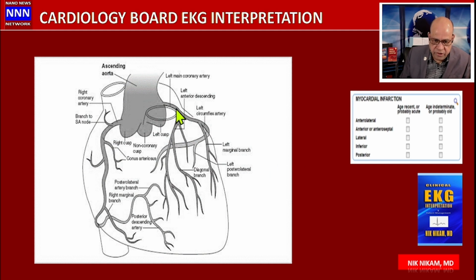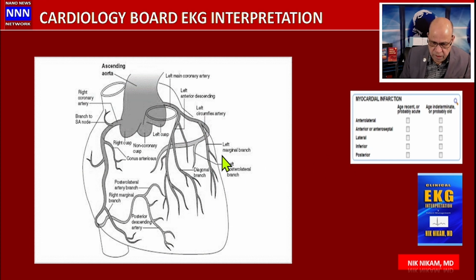On the other hand, we have the circumflex branch, which wraps around the left atrioventricular groove and gives rise to the marginal branches which supply primarily the lateral wall of the left ventricle, and that's where we get the anterolateral myocardial infarction if we have an occlusion of one of the marginal branches, or it can also be related to the occlusion of the LAD with the diagonal branches supplying the anterolateral region.